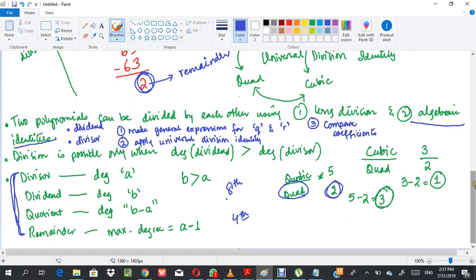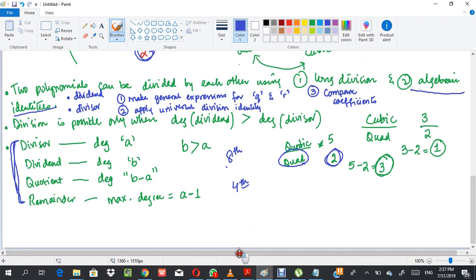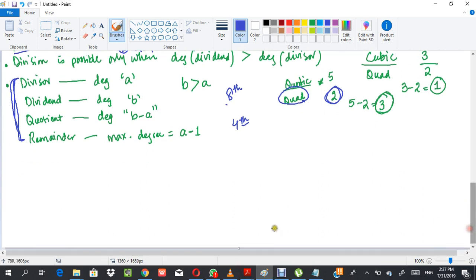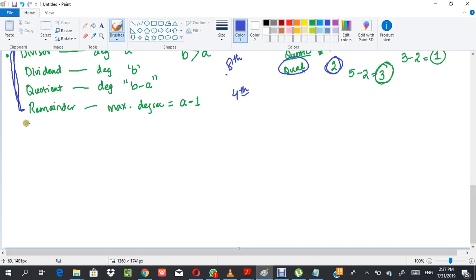Right, so let's do an example here. Let's say I have a polynomial 3x to the power of 4 add 6x cube minus 2x square add x minus 3, and I have to divide this whole polynomial by x square plus 2x minus 1.